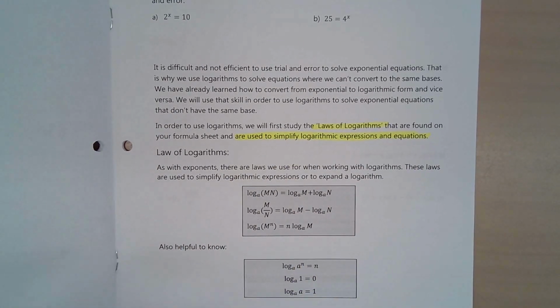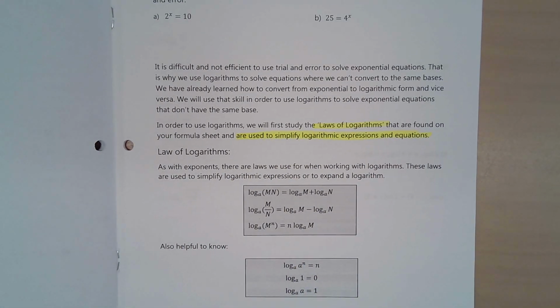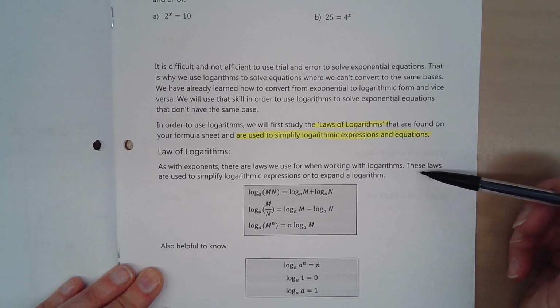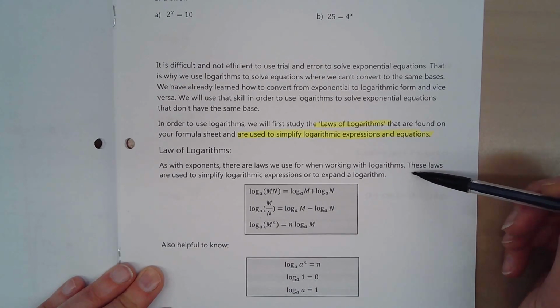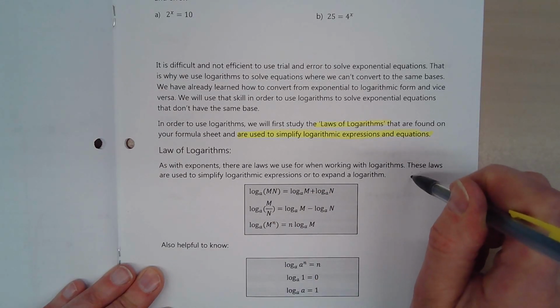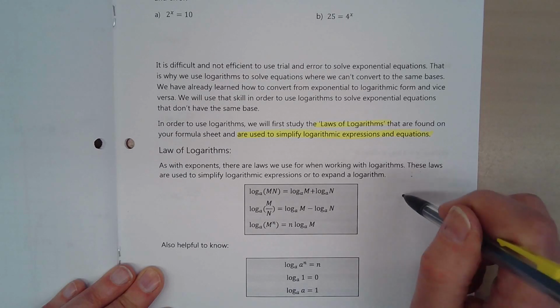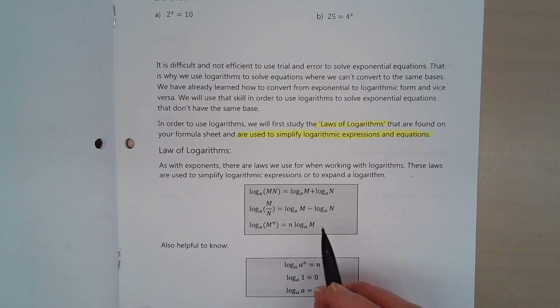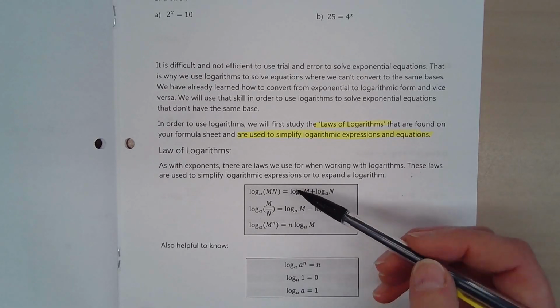And we already have realized that logs are necessary in order to solve exponential equations. As with exponents, there are laws that we use with logarithms. These are used to simplify log expressions. So here we go. There aren't as many rules, I think, as with exponents, but they're very similar.